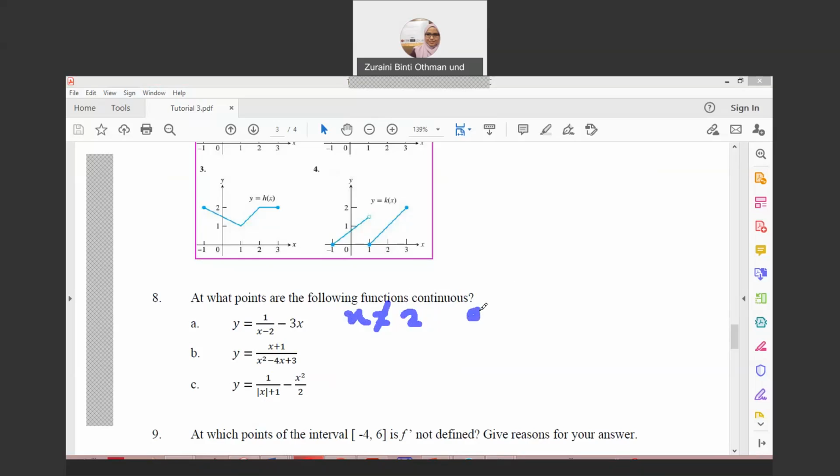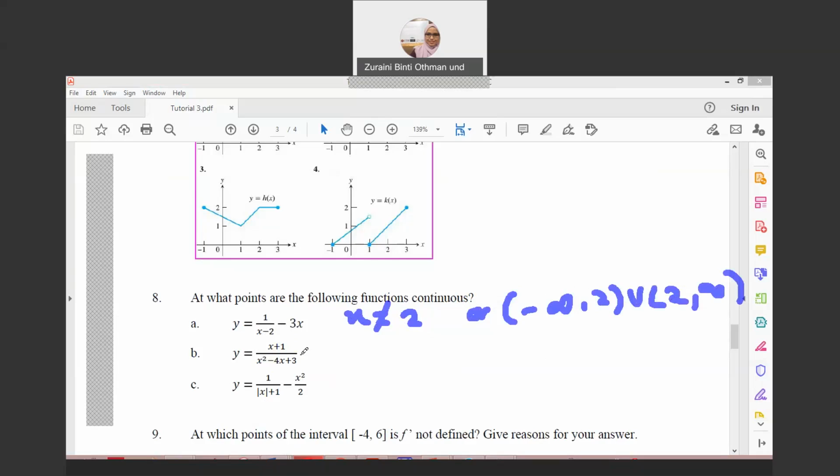Or we can write it as, the following function is continuous when, kita boleh letak interval, which is from negative infinity until 2, not including 2, union from 2 to infinity. Okay, so this is the answer for number 1.